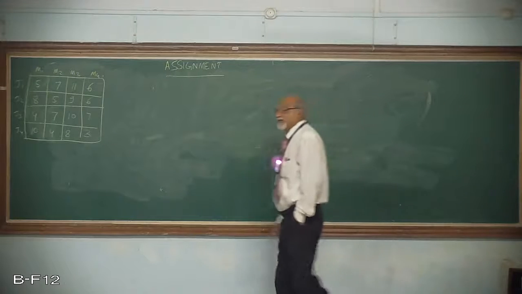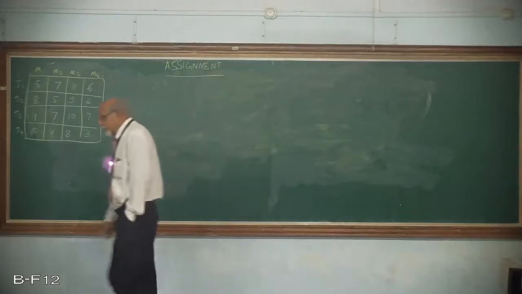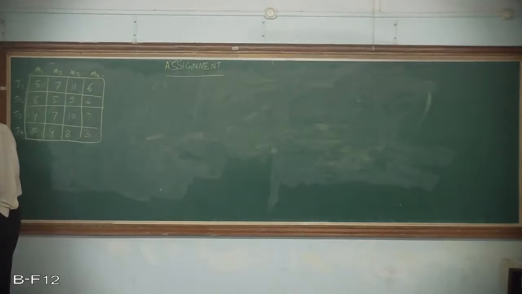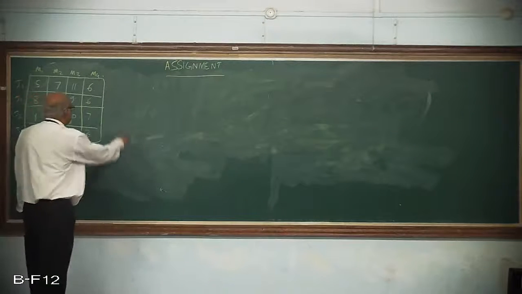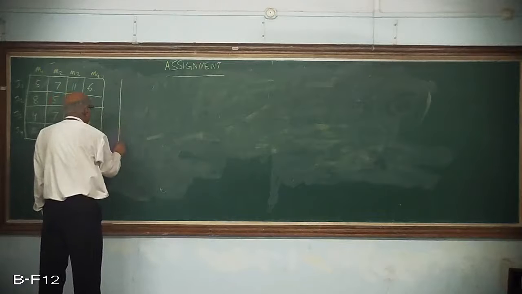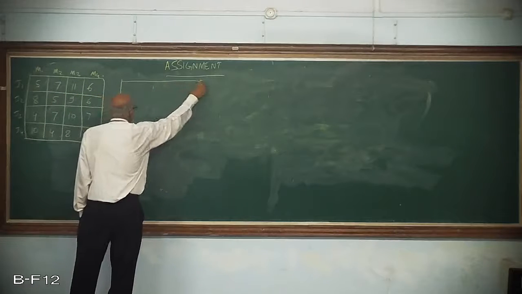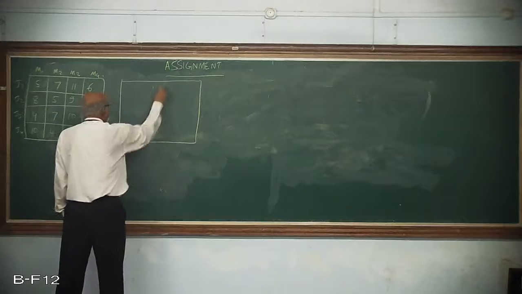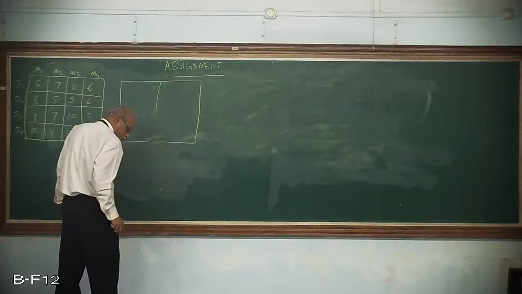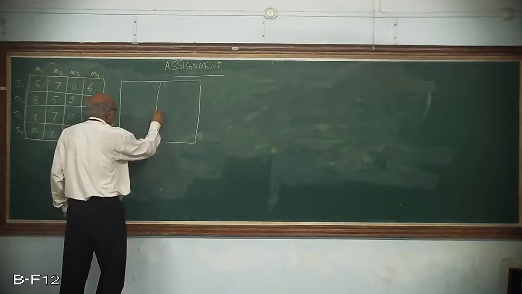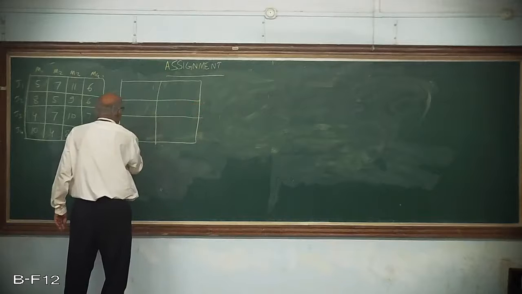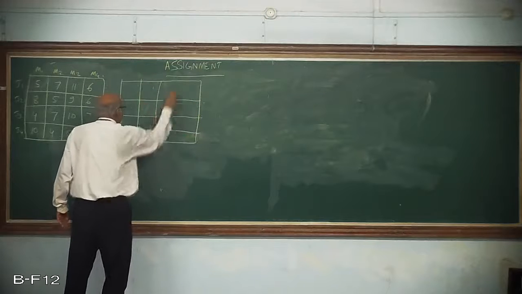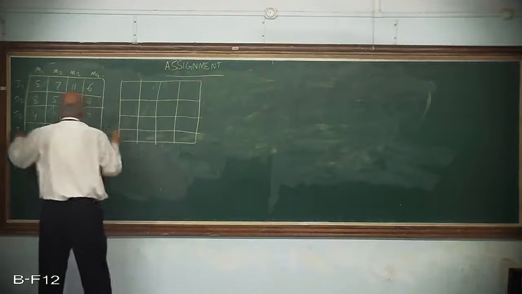So what is the next step now? Next step, I need to create 0 in each row and each column. Okay, let me do that. J1, M1 I will not write.